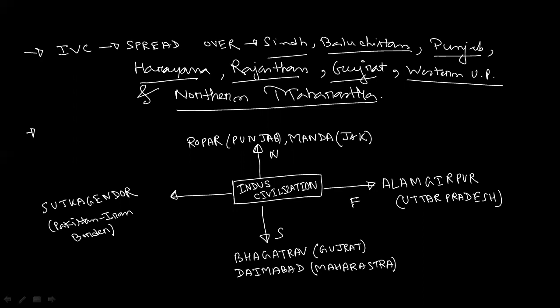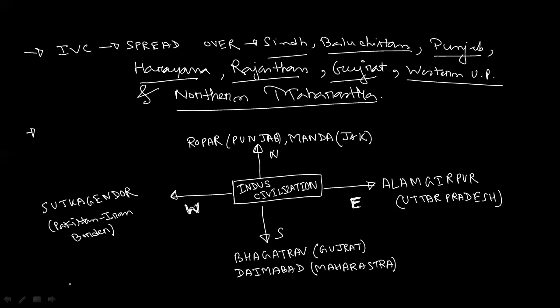Now, the easternmost site was Alamgirpur, which is now in Uttar Pradesh, and the westernmost site was Sutkagendor, which is now on the Pakistan-Iran border.